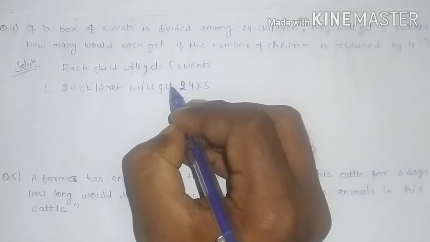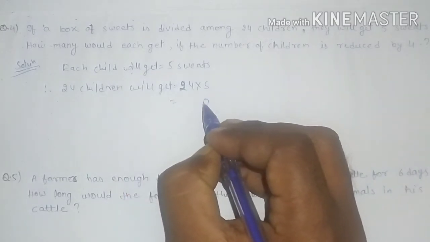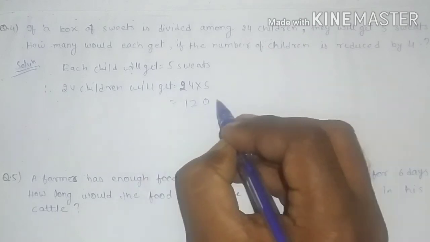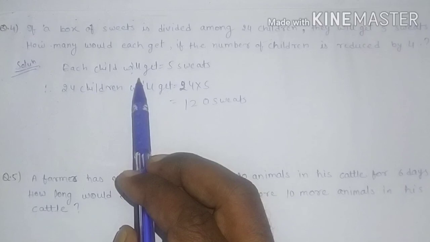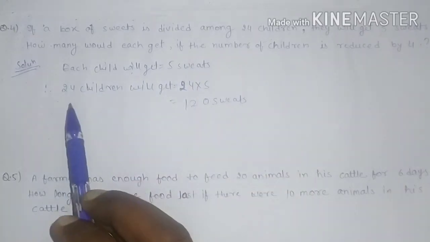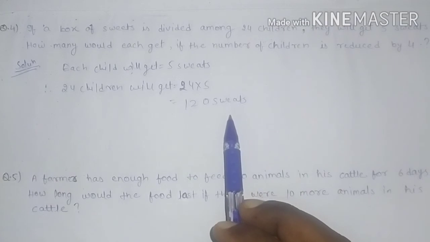So it will be 4 times 5 is 20, 2 carry, 2 times 5 is 10, plus 2, 120 sweets. Okay, each child will get 5 sweets, then 24 children will get 24 into 5, 120 sweets. So the total number of sweets is 120.